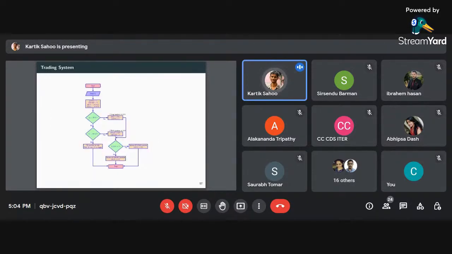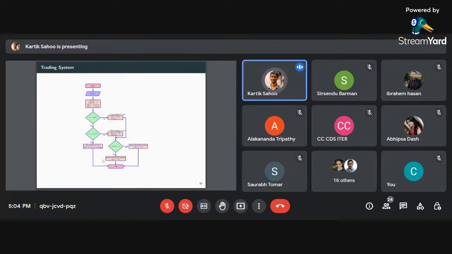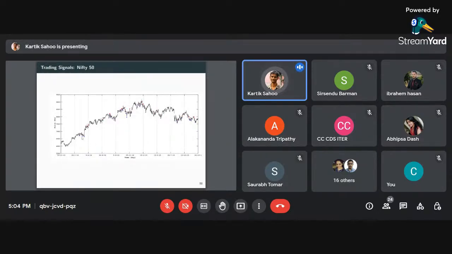So here, using this algorithm, these are the results. These are the trading signals that we are getting. I hope it's visible. Like where we are getting buy and here getting sell. And this graph is generated from the trading signals that we are getting from the machine learning models.